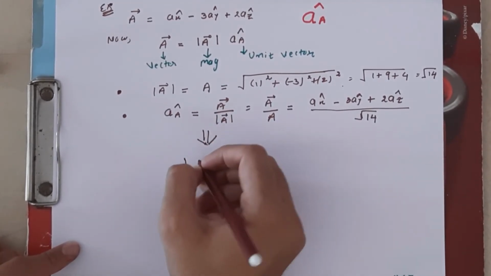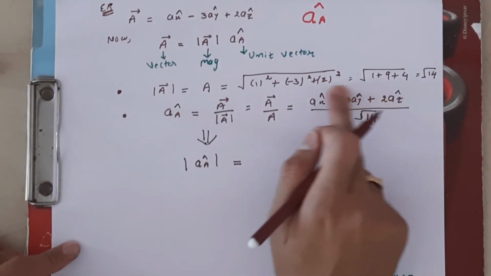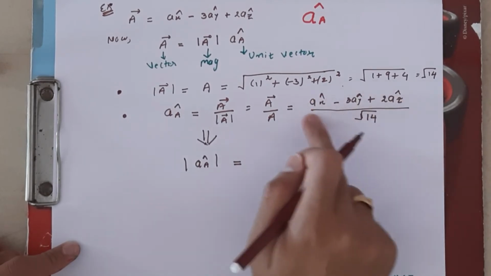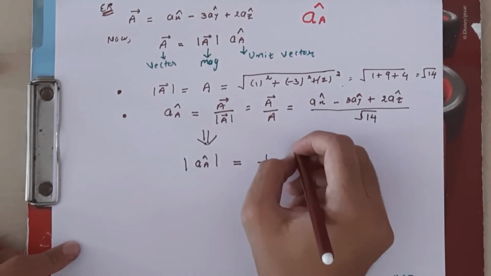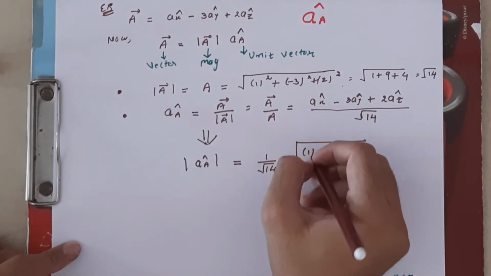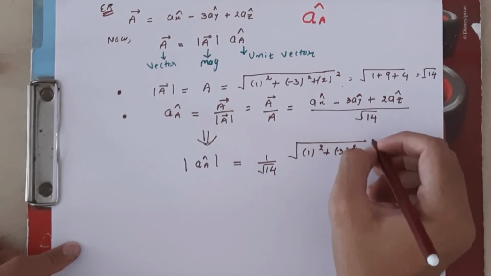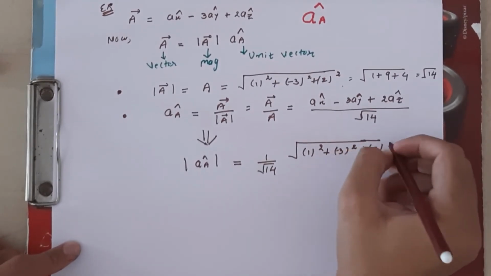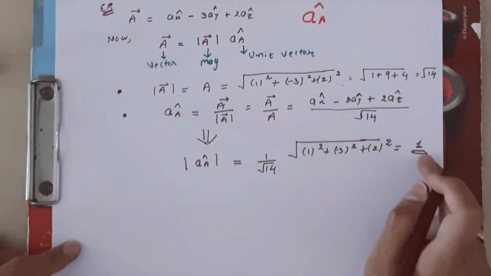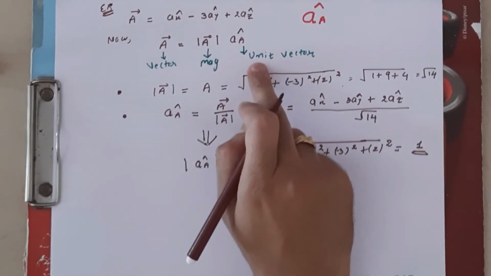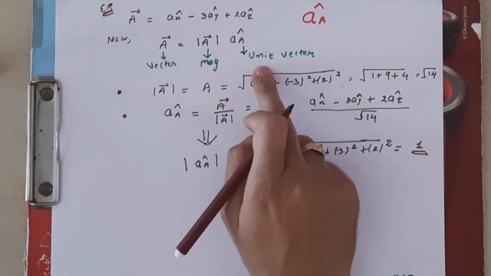So 1 upon under root of 14 is common, and then 1 square plus minus 3 square plus 2 square. So it's under root 14 divided by under root 14, which is 1. So 1 is unity. That is why it is known as a unit vector.